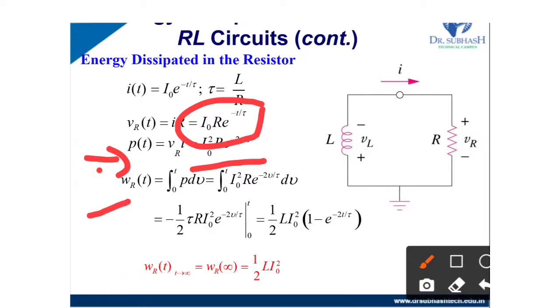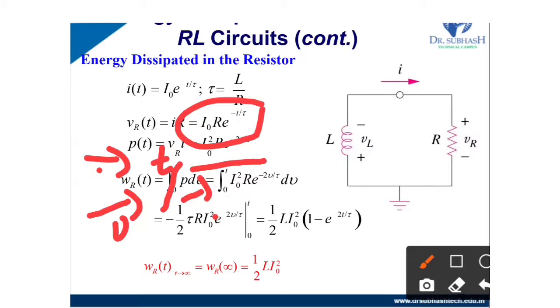This is power, then the energy equal to the integration from 0 to t of P dv. So integration from 0 to t of I0 square R multiplied by e raised to minus 2v upon time constant dv.